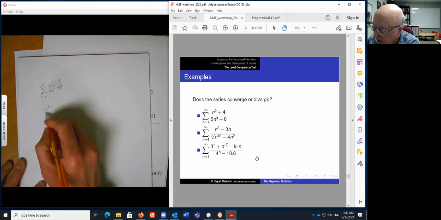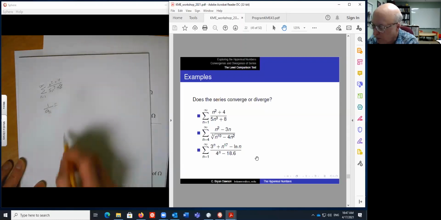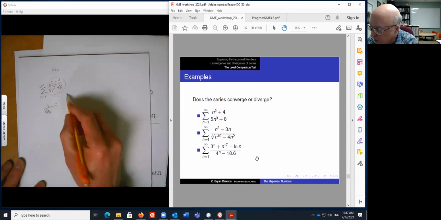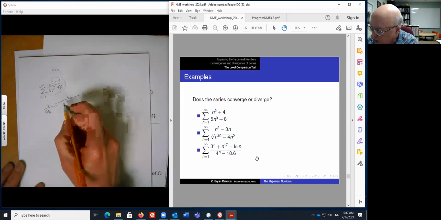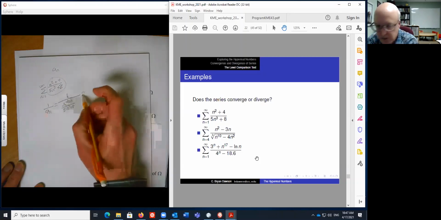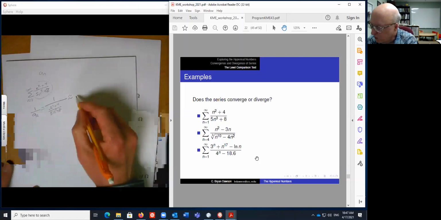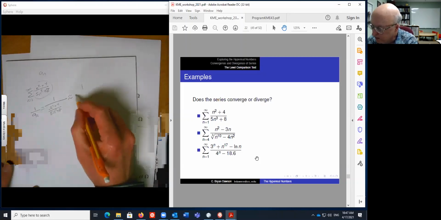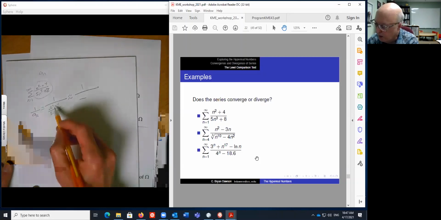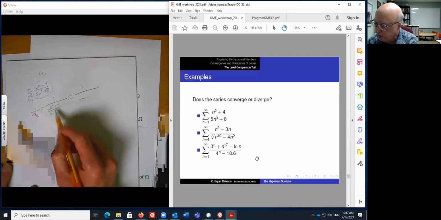The 1 over a sub omega term, where these are your a sub n's, would be 1 over omega squared plus 4 over 5 omega cubed plus 8. Now, we can approximate this, right? You can approximate these things by approximating numerator and denominator separately.